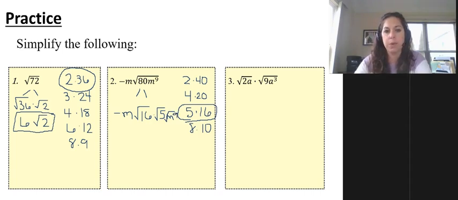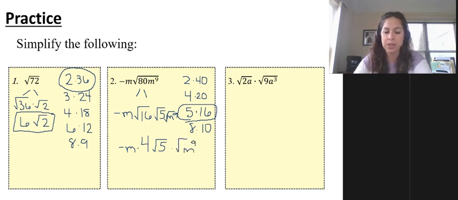All right, well, my square root of 16 can be reduced to 4. So on the outside then, I have this negative m times 4 times the square root of 5 times my square root of m to the 9th.